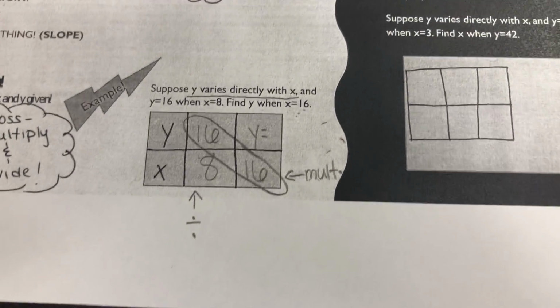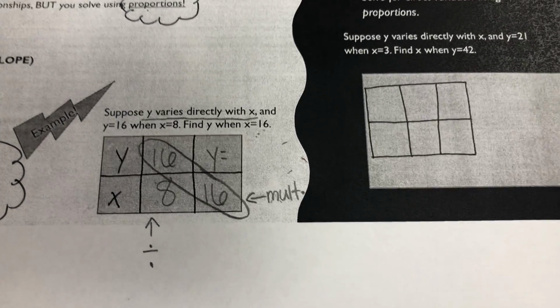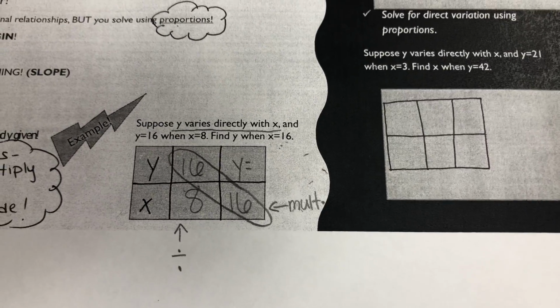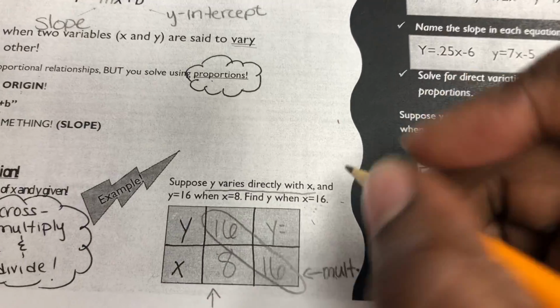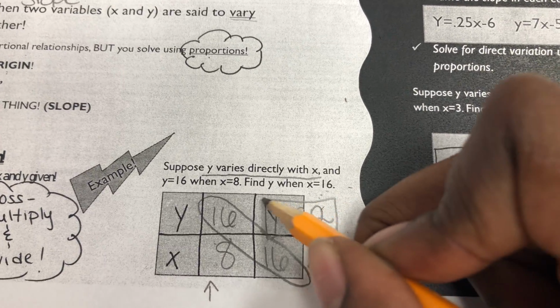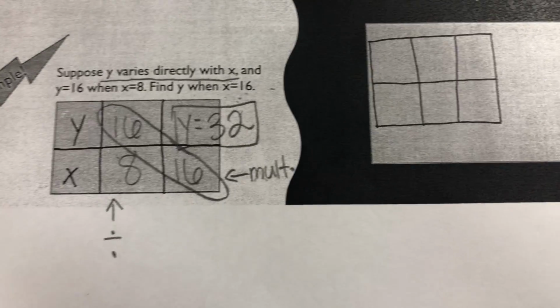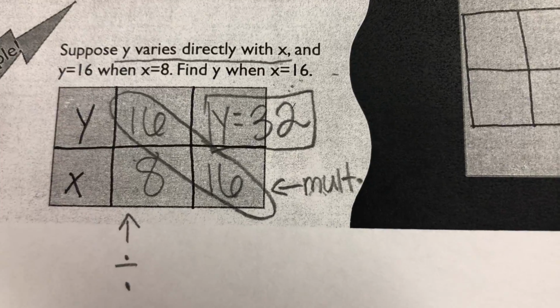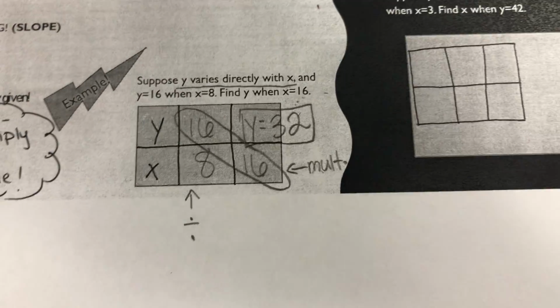So whenever you cross multiply and divide, what do you wind up getting? Hopefully you wind up getting 32 as an answer. Okay, so y is 32 whenever x is 16. That's all you do. Just set it up, cross multiply and divide.